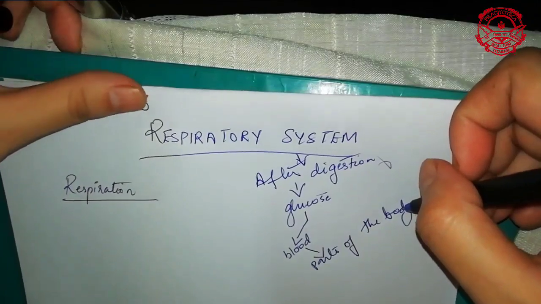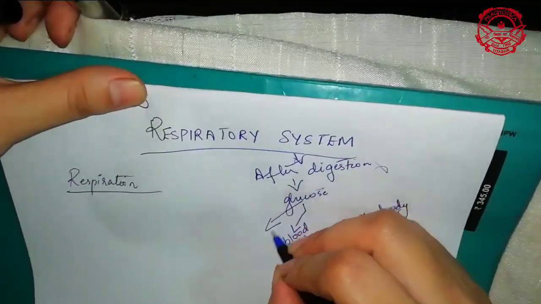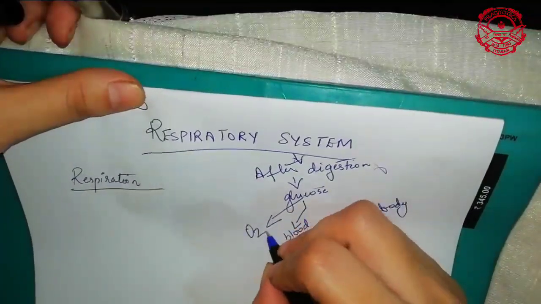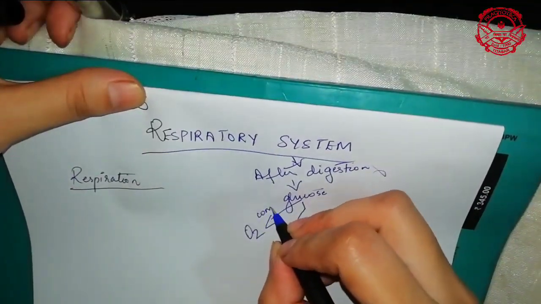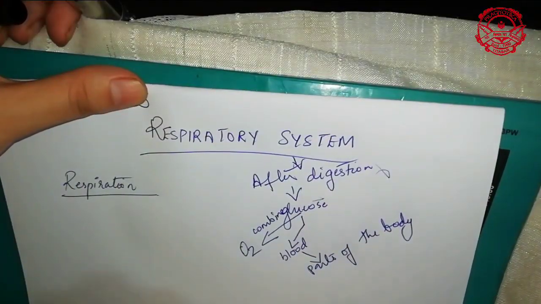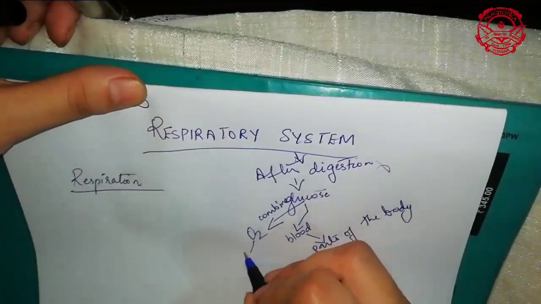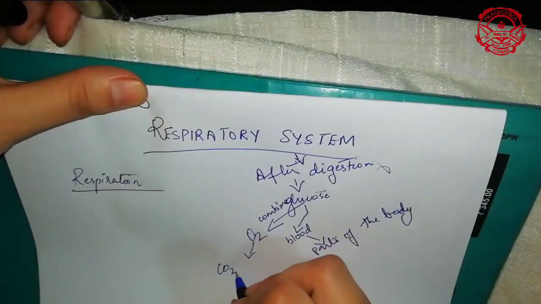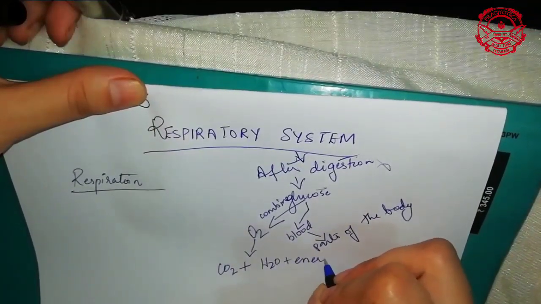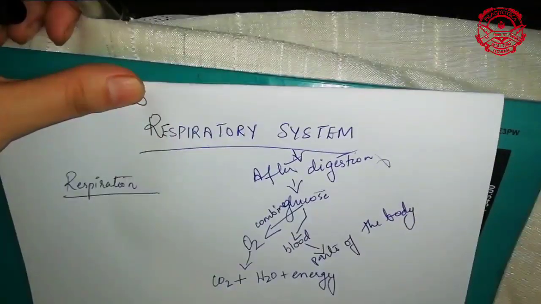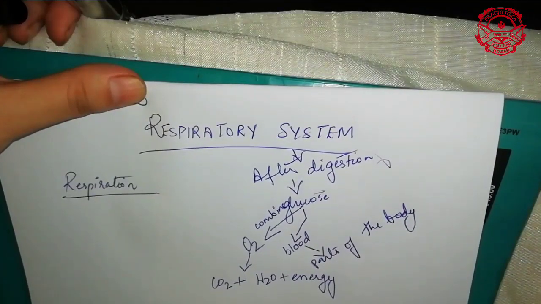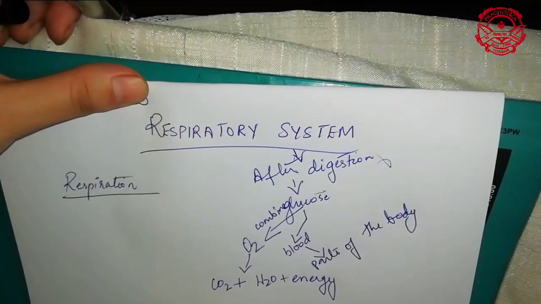Then this glucose combines with oxygen. After combining with oxygen, it releases carbon dioxide, water, and a lot of energy.